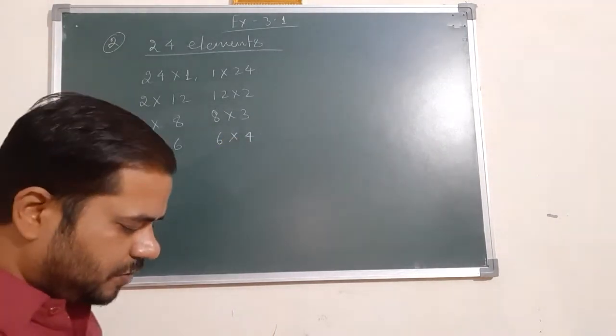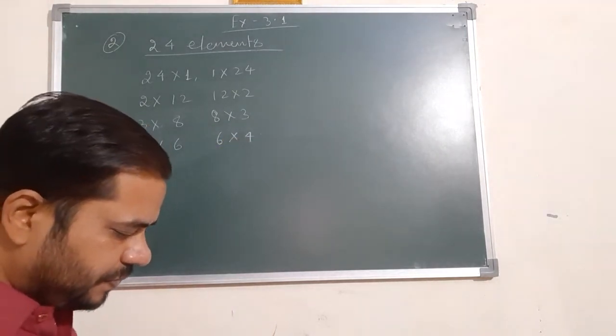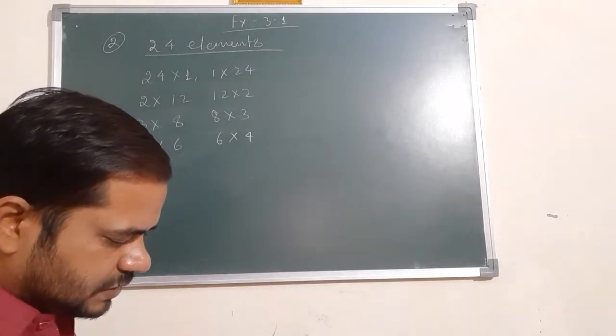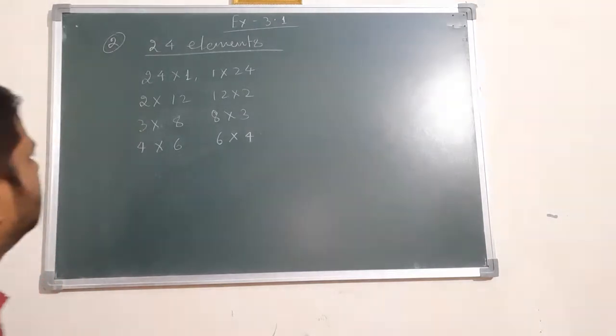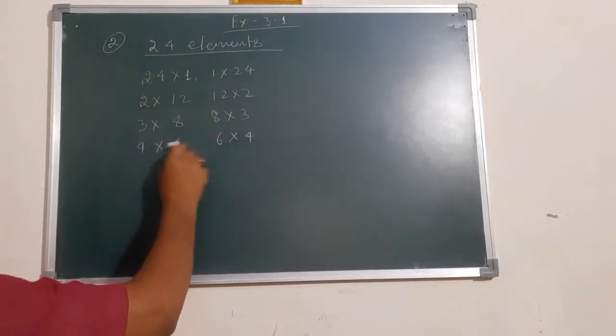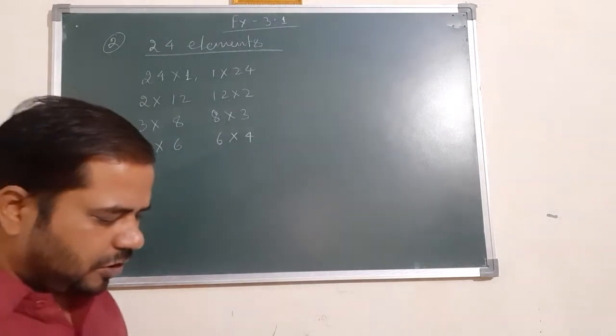So how many possible orders are there? 8 possible orders are there.